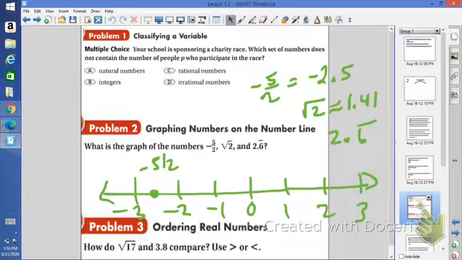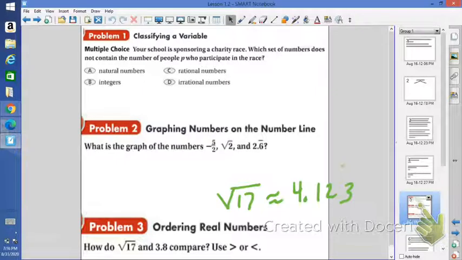Square root of 2 is 1.41, so it's almost between 1 and 2. And then 2.6 repeating is just past the halfway point between 2 and 3. Alright, and so that's how you do problem 2.